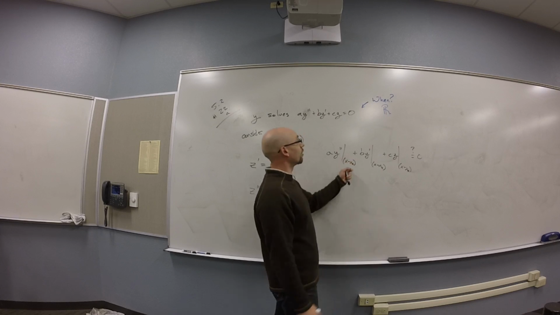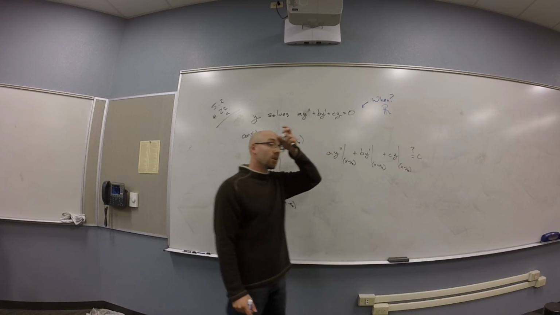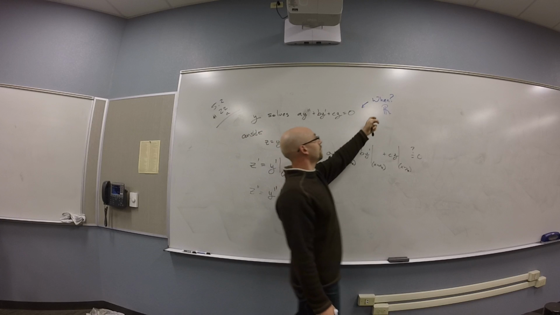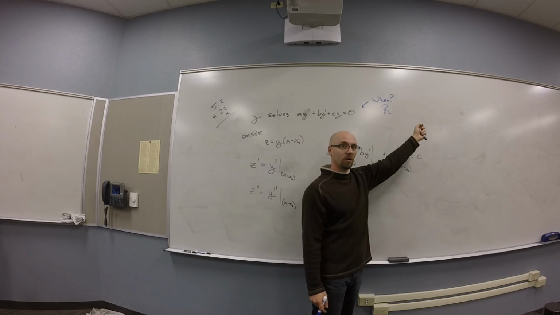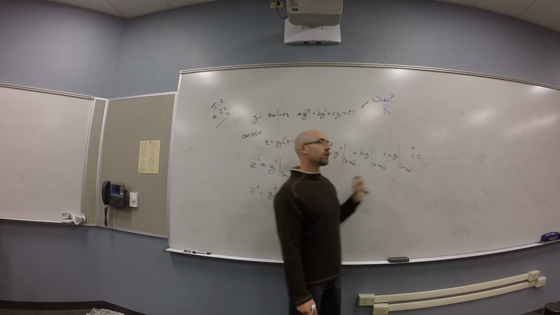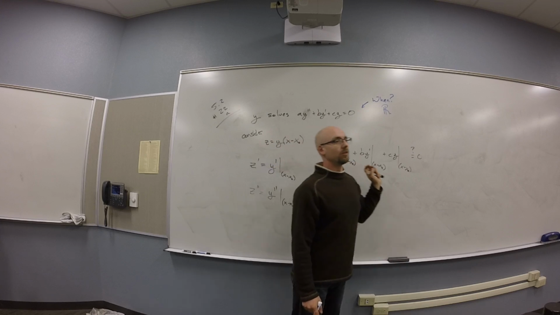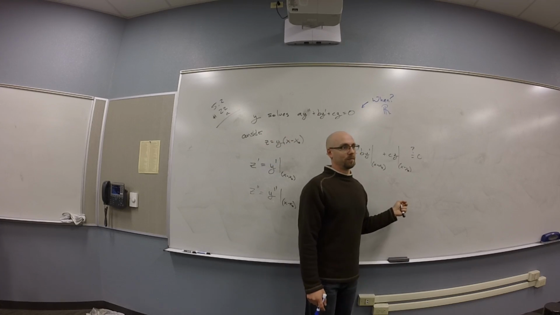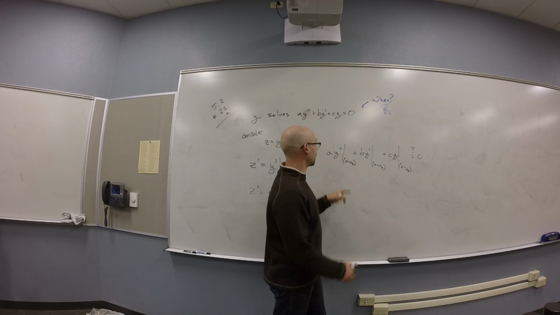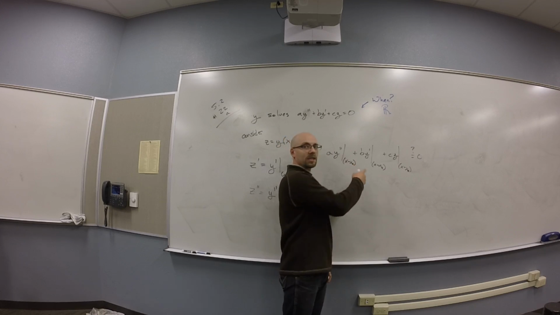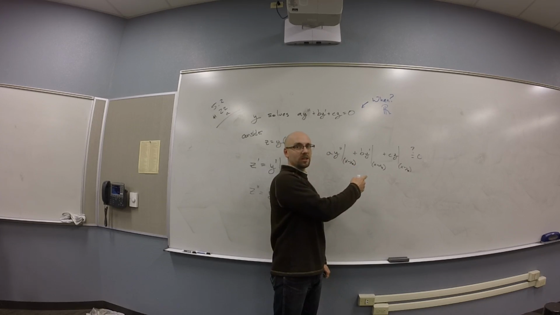It doesn't matter where you evaluate, because you're really evaluating on all of R. Even if this was only true on some interval, I would get a result that's true on a different interval. If I take x minus x naught, which way does that shift a function? It depends on the sign of x naught.